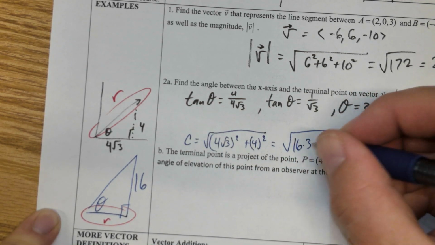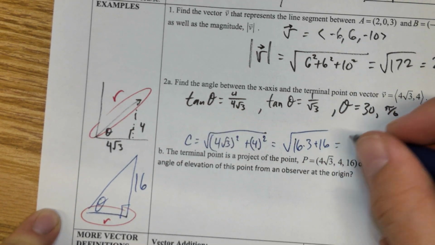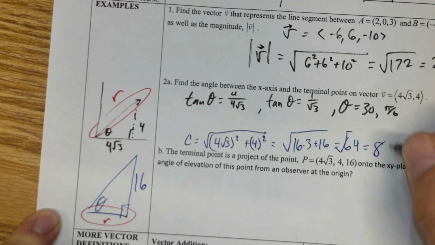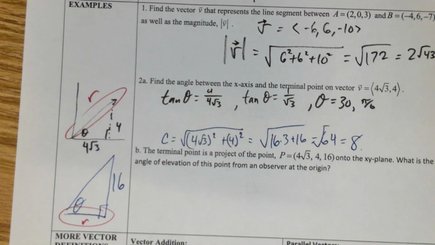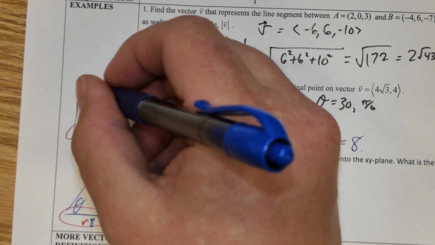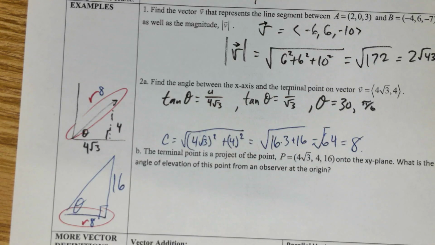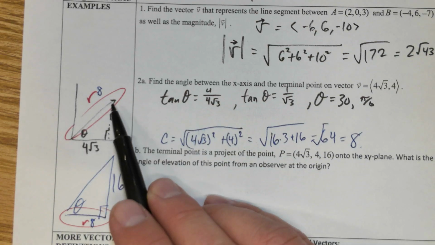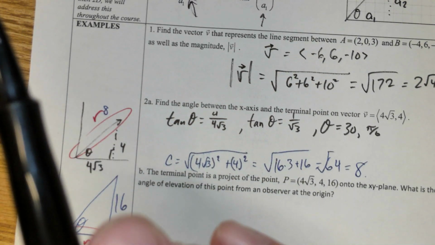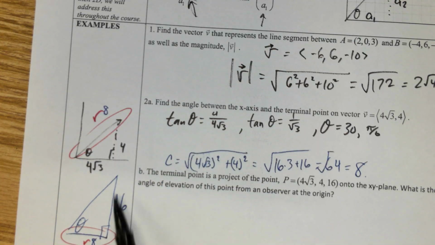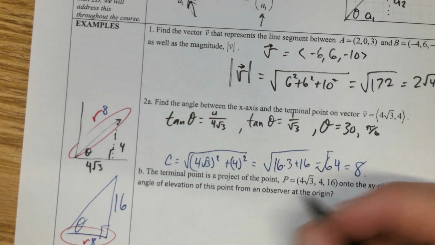Here I'd have 16 times 3 plus 16, gets 64, and 8 is my final answer. And so I know my base is 8. I know that hypotenuse was 8. And so now when I'm setting up this tangent relationship, it goes 8 here, then it goes 16 up. And I'm looking at this right triangle that I've laid flat over here.